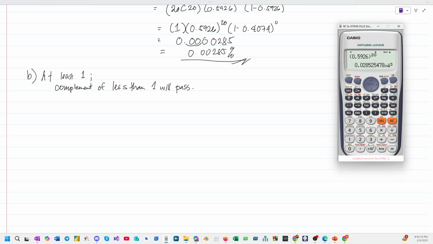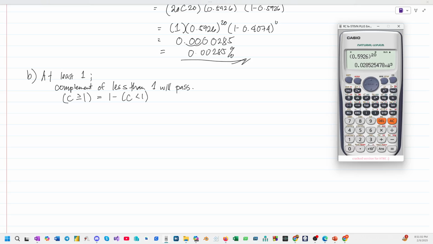Therefore, C greater than or equal to 1 is actually equal to 1 minus C less than 1. Diba? Or, which is less than 1 is just 0.